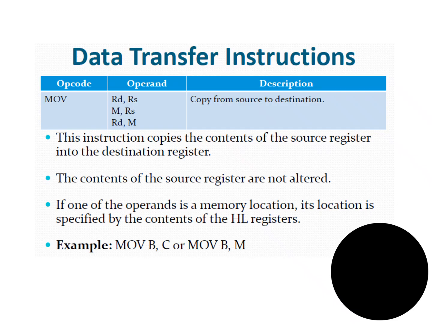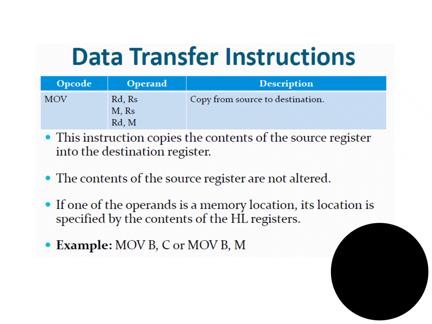Coming to MOV M, RS, M represents the memory location where your data is to be copied. Similarly, in MOV RD, M, M represents the memory location where your data is available.